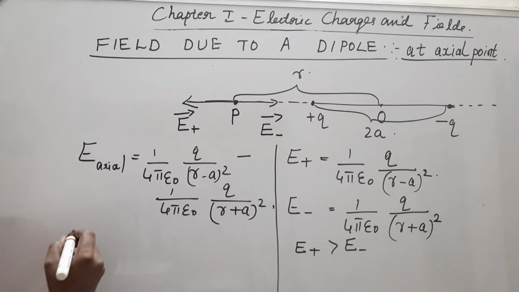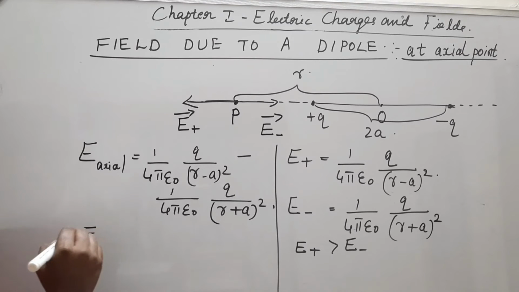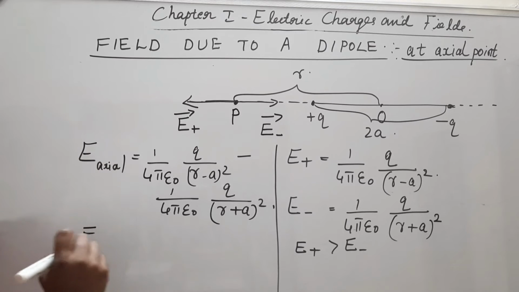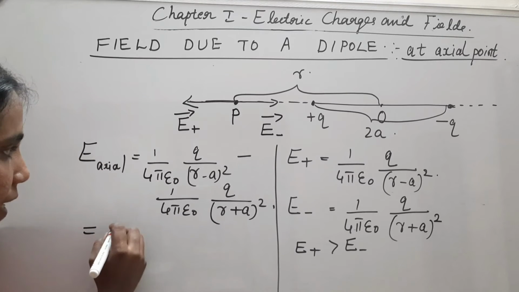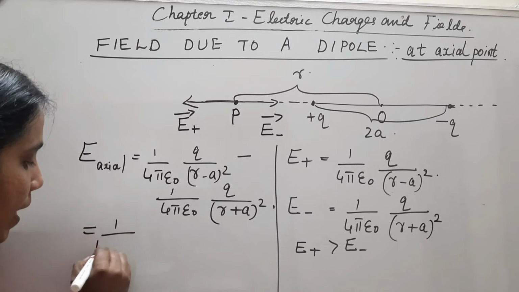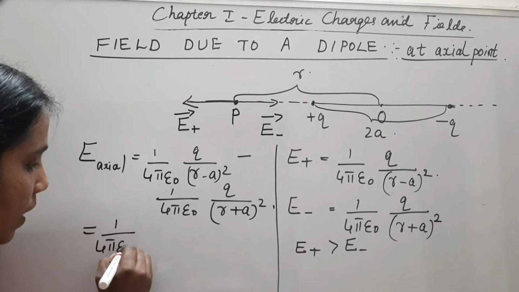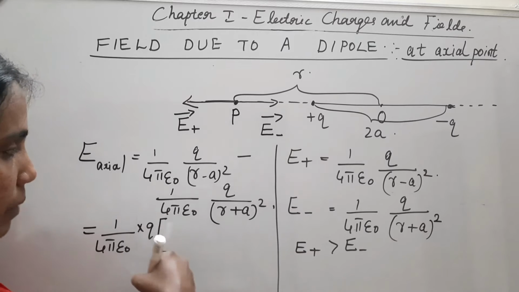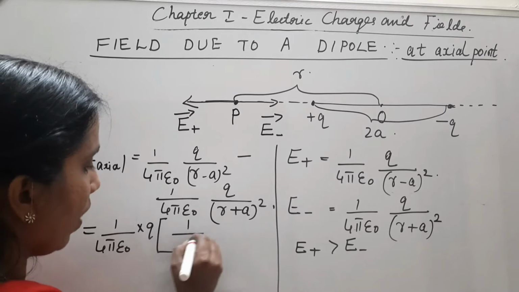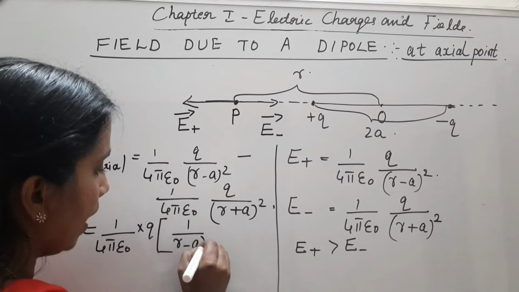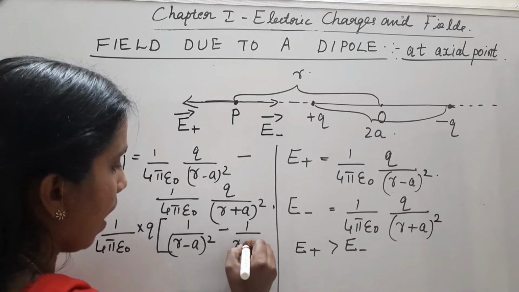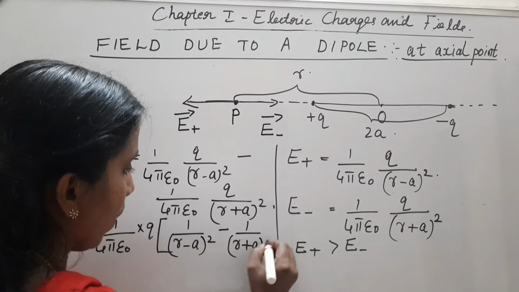So this is the expression for net electric field, that means magnitude of net electric field at the point P. Now simplifying, you can take that 1 by 4 pi epsilon 0 into Q, Q also is common. Then within the bracket you will have 1 by R minus A the whole square minus 1 by R plus A square.